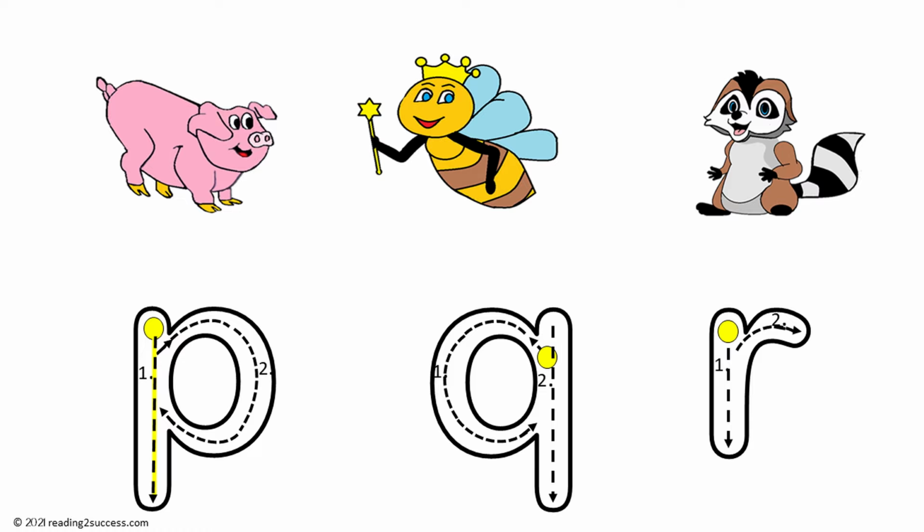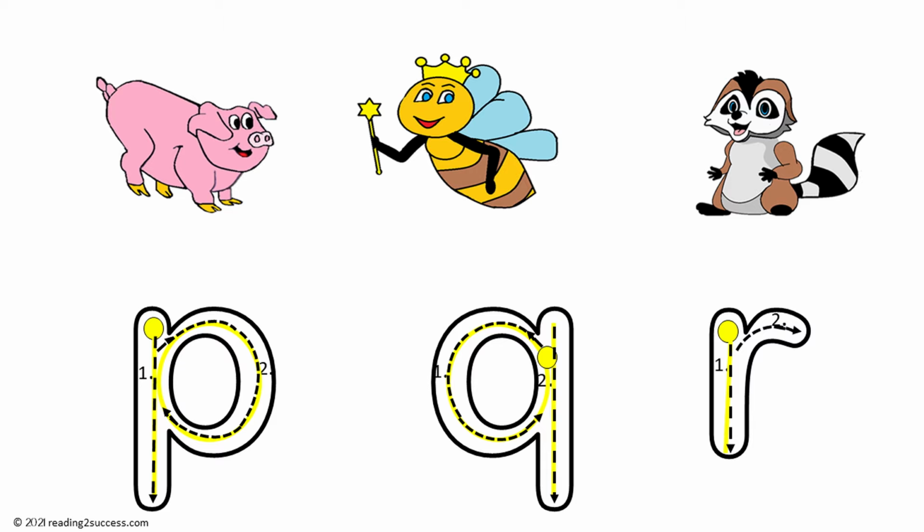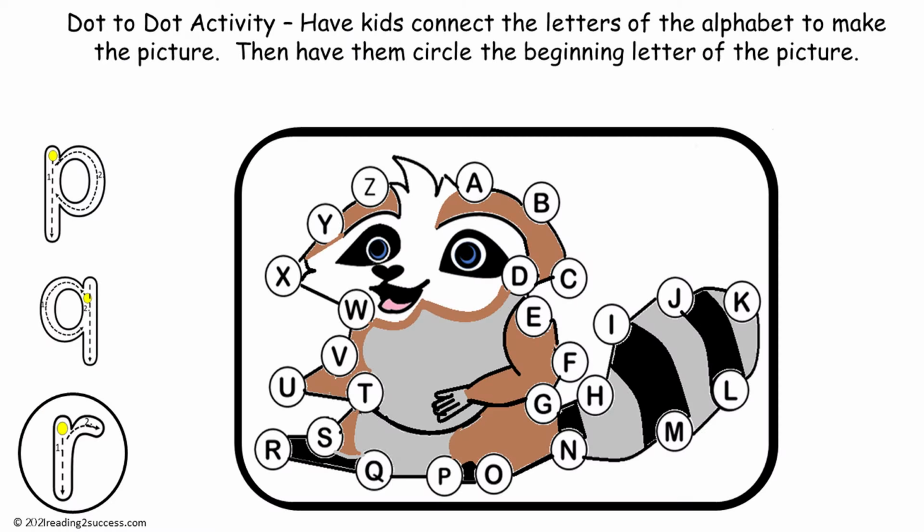The letter P has two parts, part 1 and part 2. The letter Q has two parts, part 1 and part 2. And letter R has two parts, part 1 and part 2. This is a dot-to-dot activity that kids are to complete.